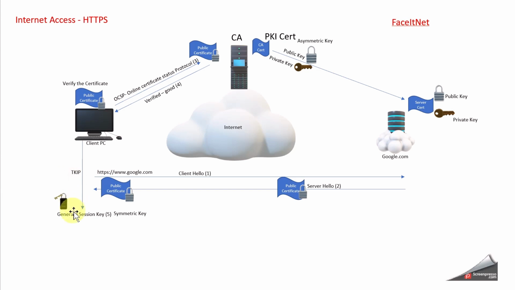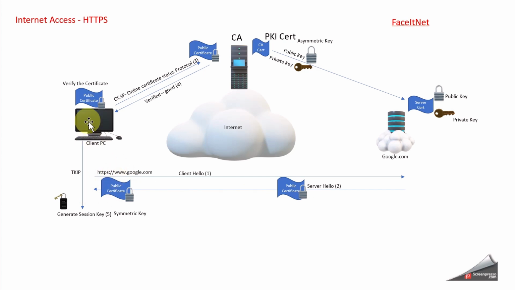This temporary key must be shared between the client and the server so that you can use it for the session communication. To transfer these two keys to the Google server is where I'm going to use this public certificate.